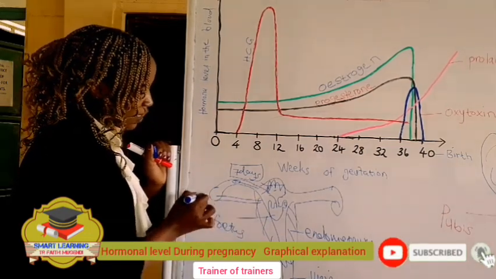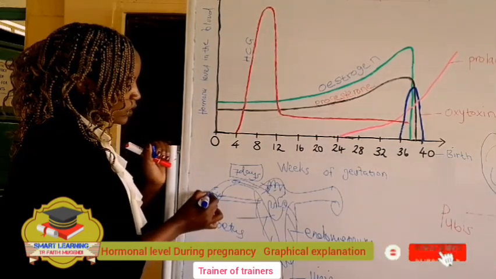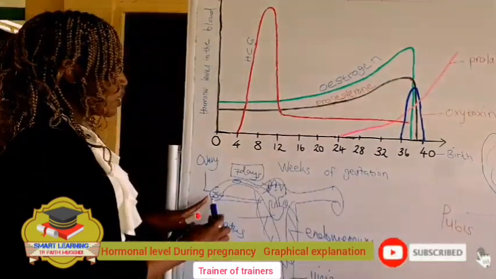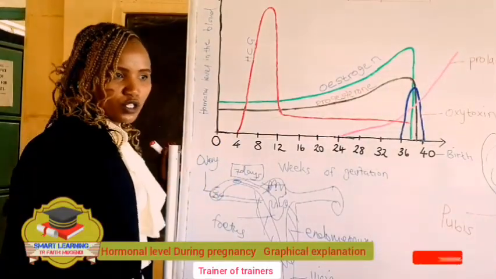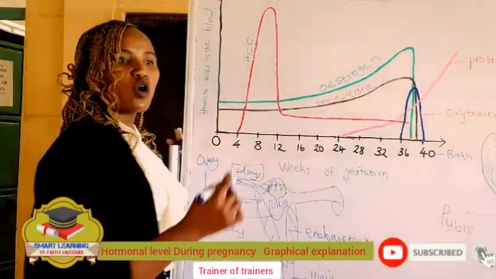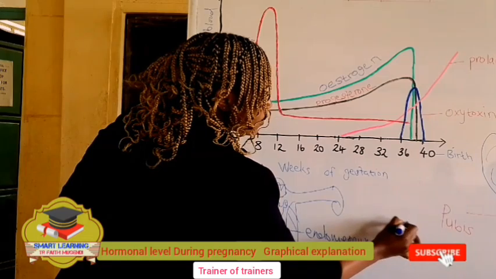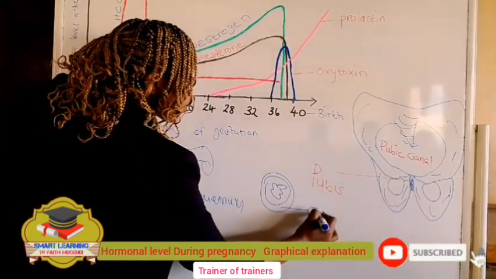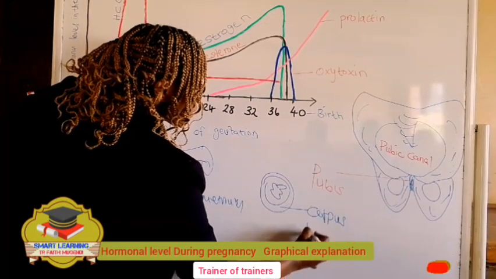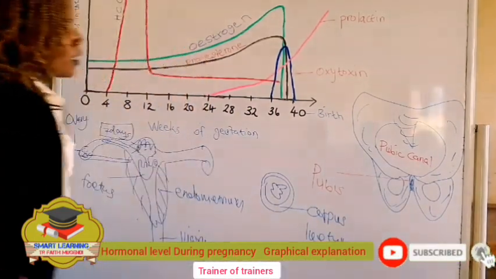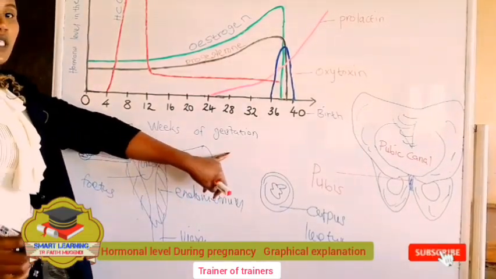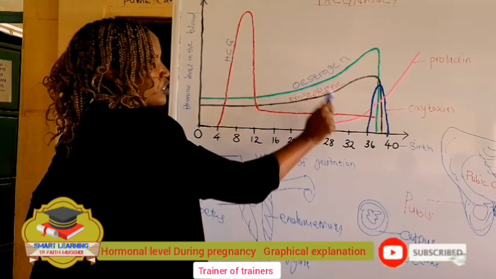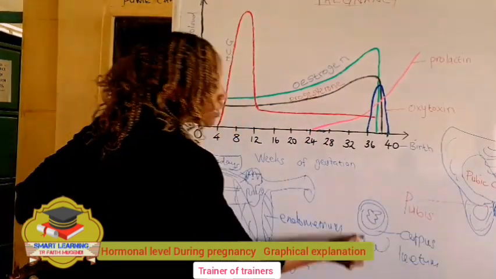After ovulation, there is something we call the corpus luteum. Before the placenta develops enough, the role of production of estrogen and progesterone is taken by the corpus luteum.